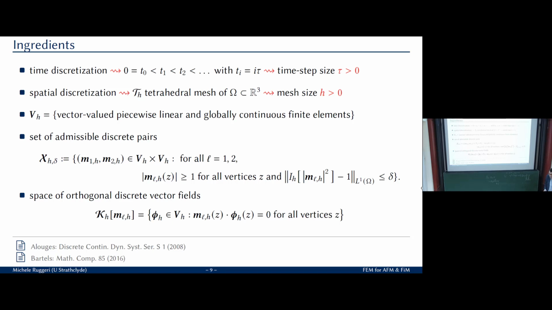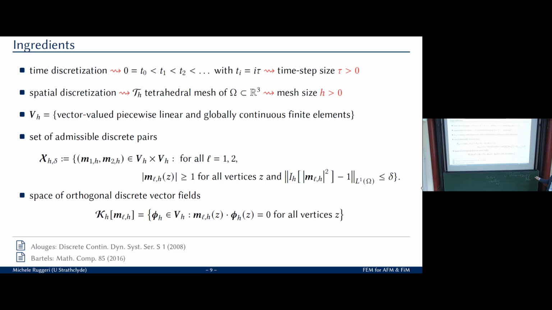On the one hand, I impose it only at the vertices of the mesh, which is also a natural thing because these are the degrees of freedom. Okay, so this is a first relaxation. The second one is that I don't require equality, but I admit an inequality, so this is larger than or equal to 1.